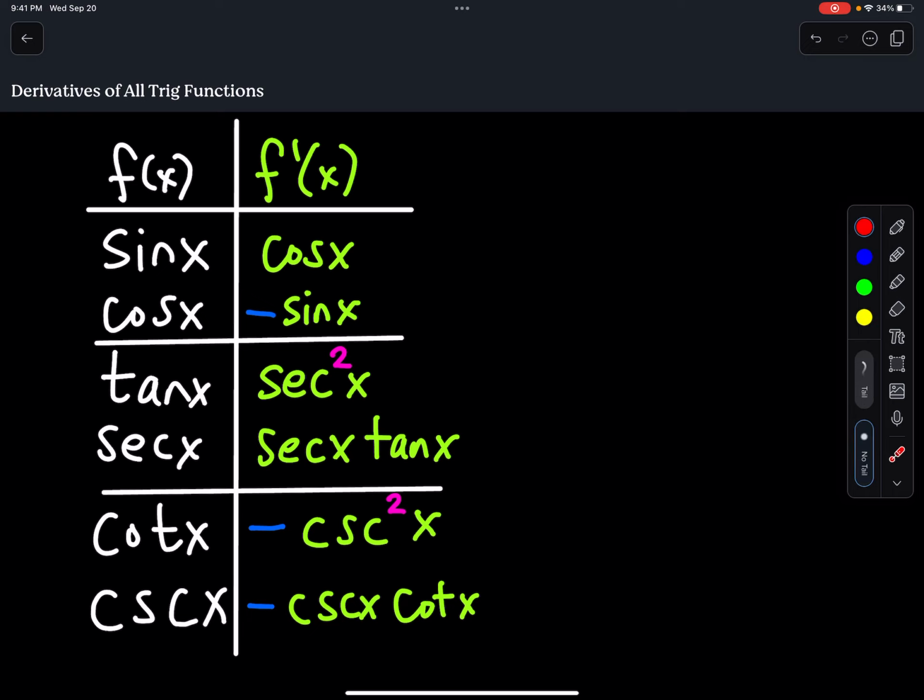All right, so first couple you've probably learned are the derivative of sine is cosine, and the derivative of cosine is negative sine. So the first key idea that I want to call to your attention is anytime you take the derivative of something with a leading c, whether it's cosine or cotangent or cosecant, you'll notice that the derivative, the right-hand column, has a negative.